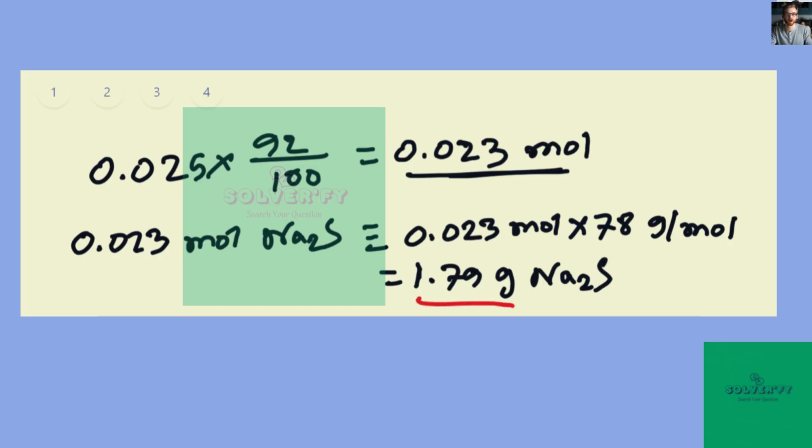So 1.79 gram sodium sulfide will be formed in this reaction condition.